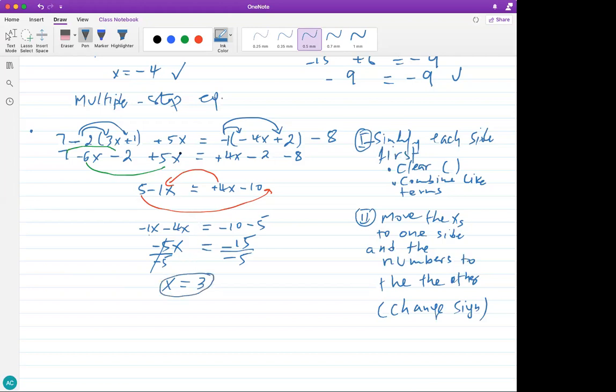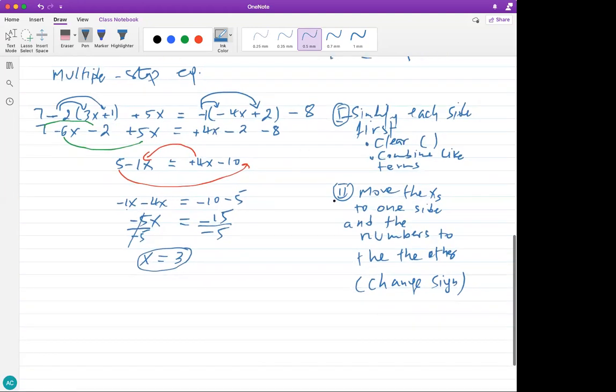And that's all, okay? It took 1, 2, 3, 4 steps, even though it seemed confusing or like it had a lot of things. It actually is not. So simplify each side, move the x's to one side and the numbers to the other. Number 3 is basically combine and isolate.